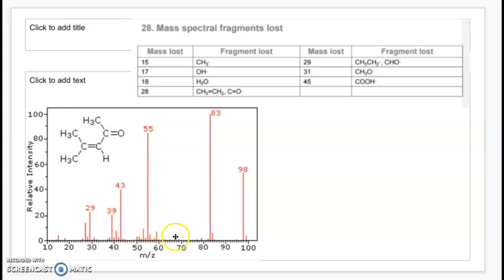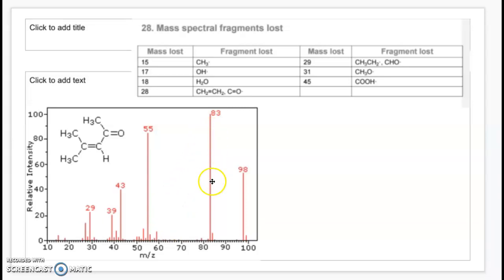Now there are other little peaks coming along here, and those are other different isotopes. Again, when you take an analytic chemistry class in college, they will go over a lot of these in more detail. But these are little fragments that are less common and definitely less important to what you're doing for this class.